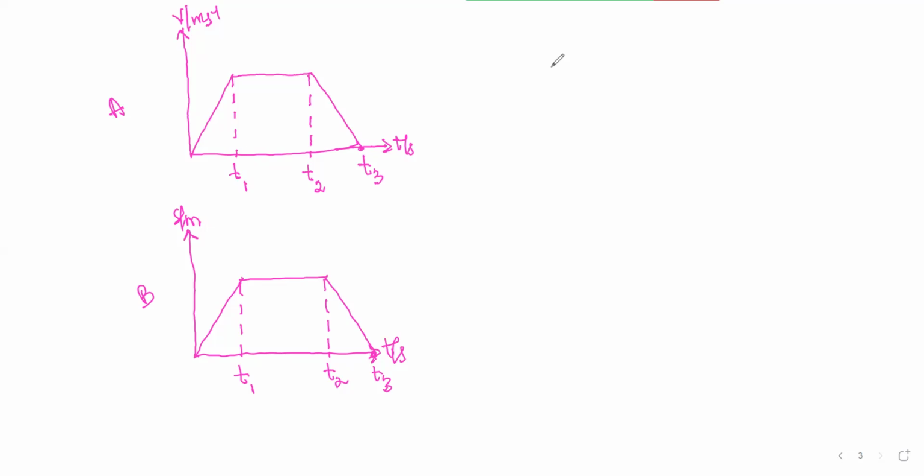And in B, a body during the time frame of T1 was displaced, was in a state of uniform velocity. Then from the time frame of T2, it was stationary. Then from T2 to T3, it was in a state of uniform deceleration.